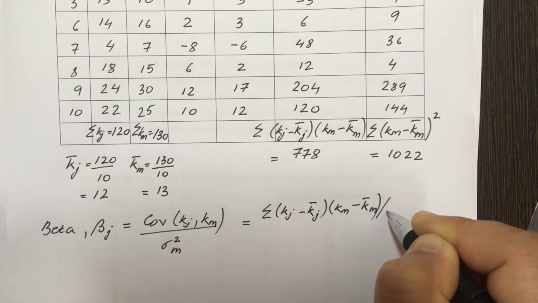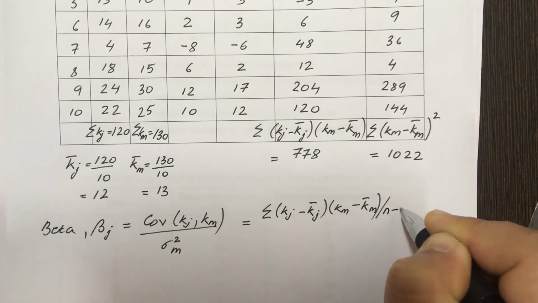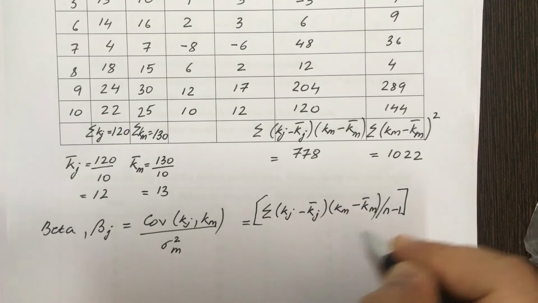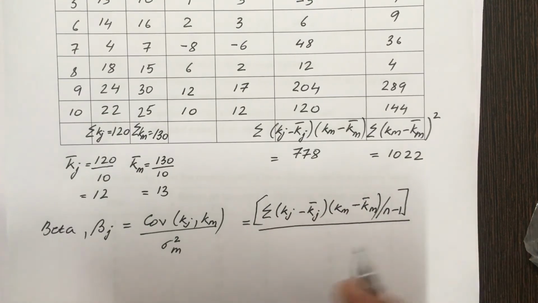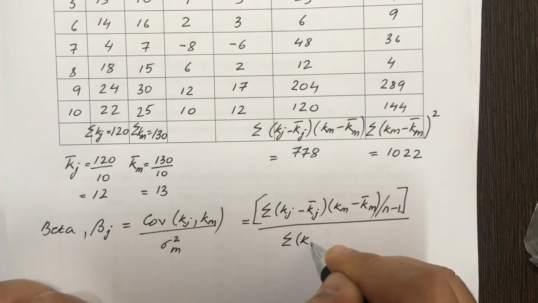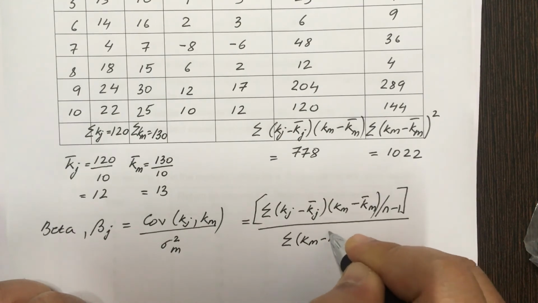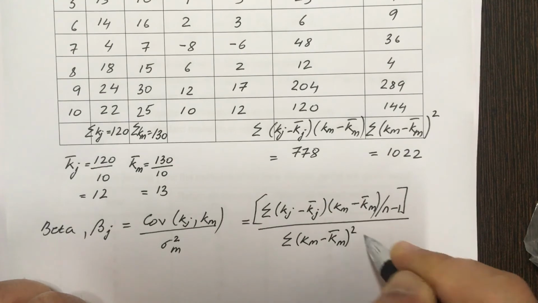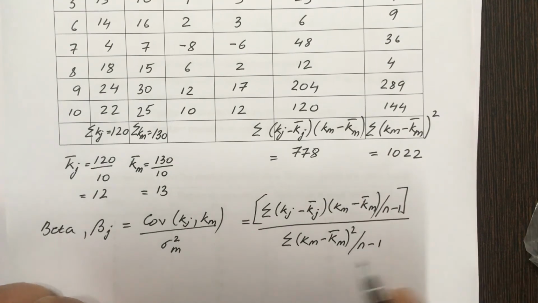Find out the summation and divide it by n minus 1. All right, that is the numerator. Denominator is nothing but summation of Km minus K bar m square divided by again n minus 1.